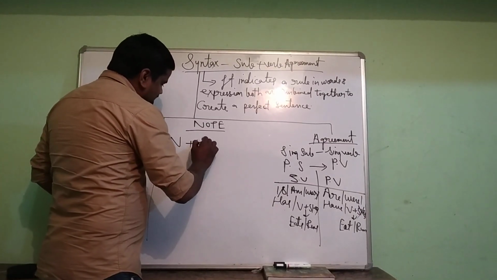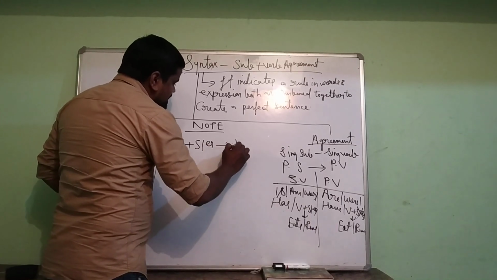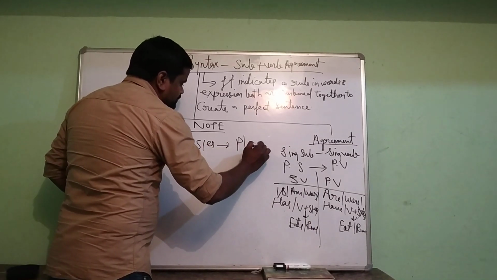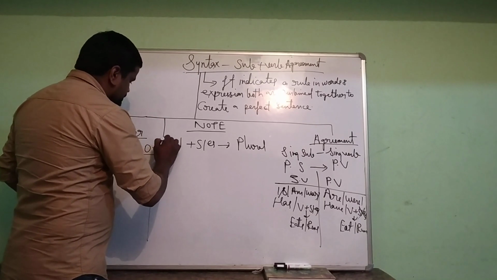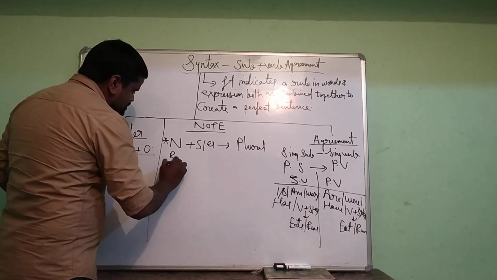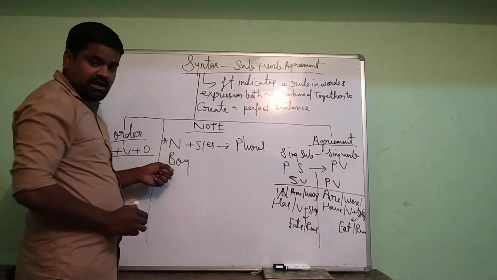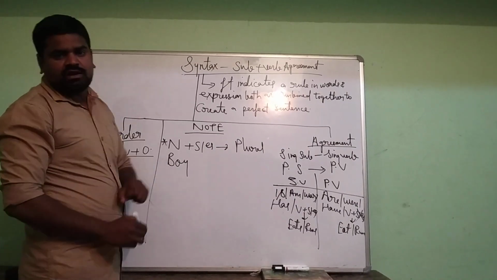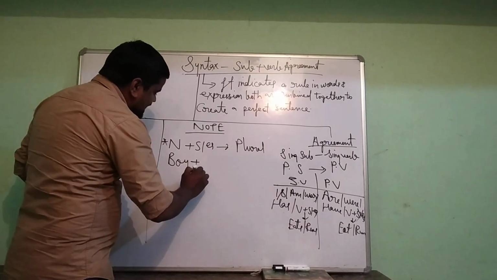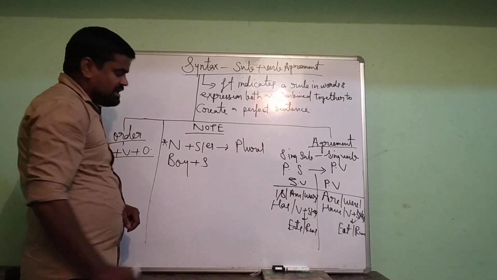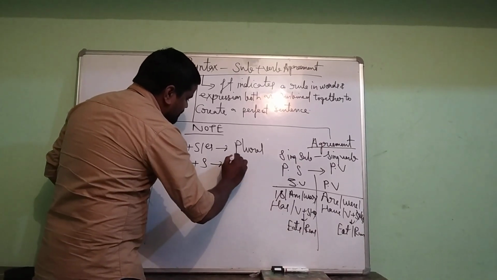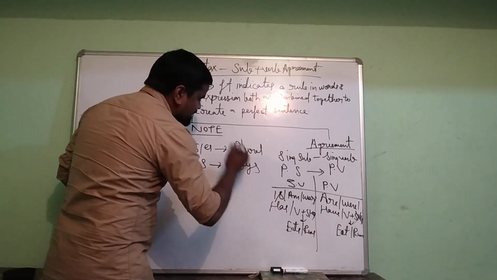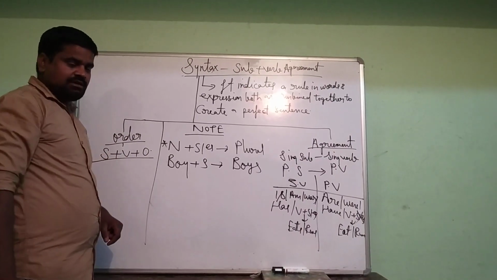By adding s or es, we convert it into plural. Example: boy is a noun in singular form. When you apply s with it, it will be converted into plural form, boys.